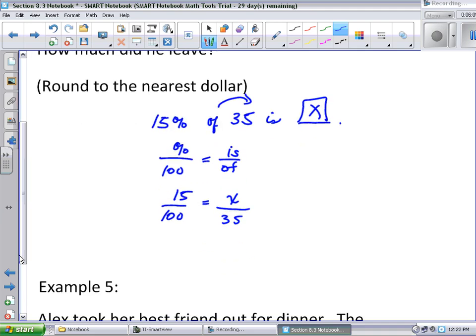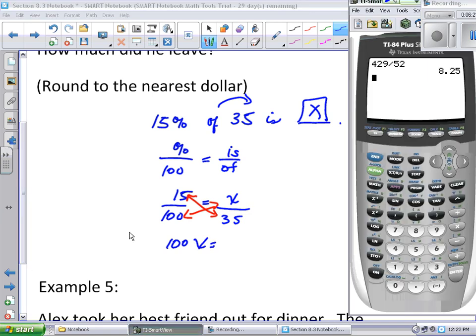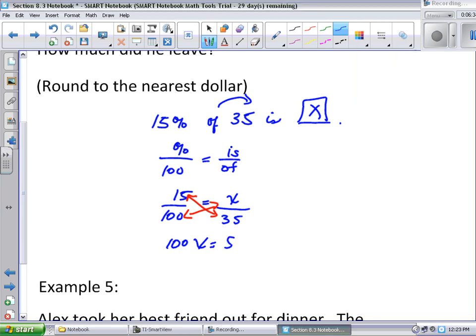So now I'll cross multiply. And I'll have 100x is equal to, when I do 15 times 35, I will get 525.